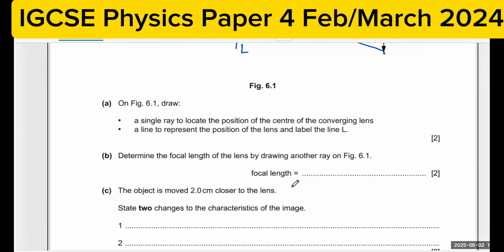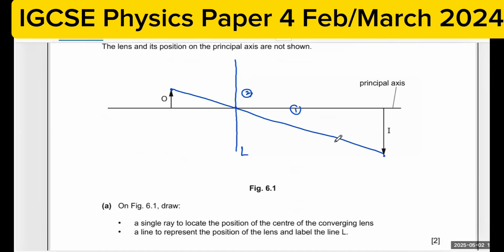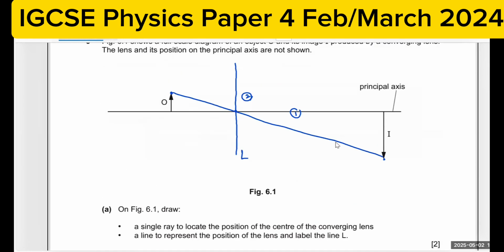Determine the focal length of the lens by drawing. So how to find the focal length of it? Let me erase this. Okay. Now you will draw a line parallel to the principal axis up to the lens, and from here you will join the tip of the image again. So this is the position where the refracted ray crosses the principal axis.